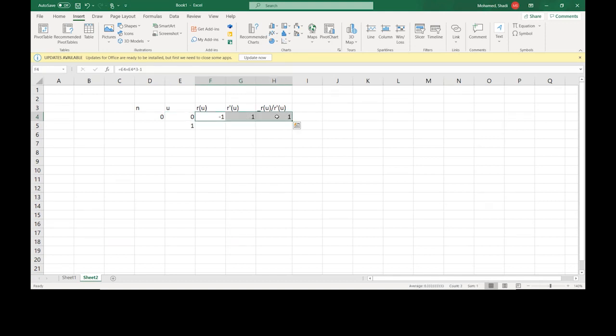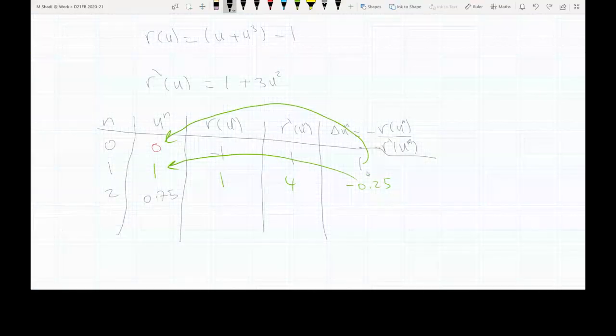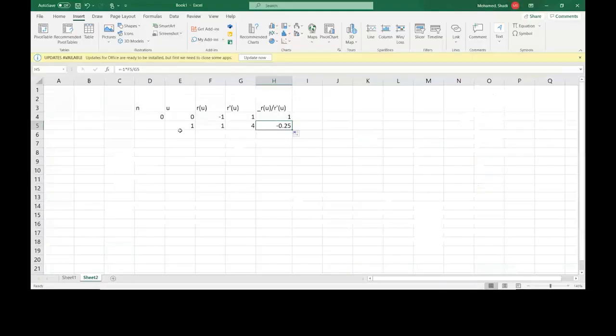I just copy these 3 steps. So this is 0.25. This is where I am at the moment. If you repeat, this is the second. If you copy this one down, it's basically going to add this to this one. So you have 0.75. You repeat the same thing one more time.